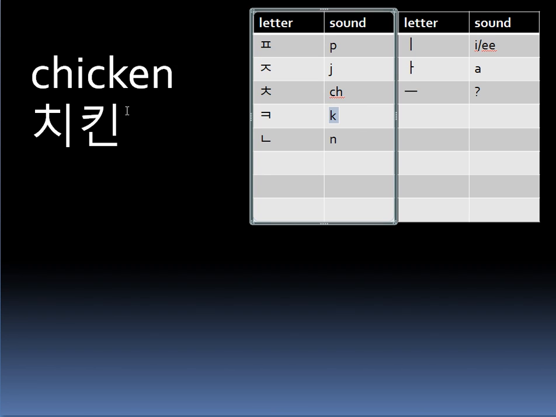It doesn't go here because this last consonant doesn't have a following one. For a Korean word, the last consonant cannot stand alone, so it's wrapped underneath. If you just put it like this, it doesn't have following consonants, so that's why they put it under here.